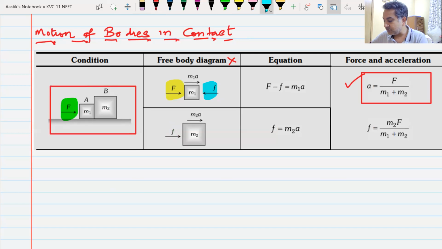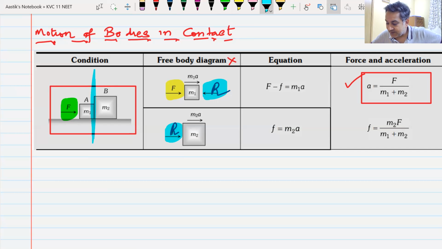You see here two more small f's. They probably used the wrong alphabet. Let me call this R, just to make it different from F. What is this R? Reaction force. Where is this reaction force coming from?